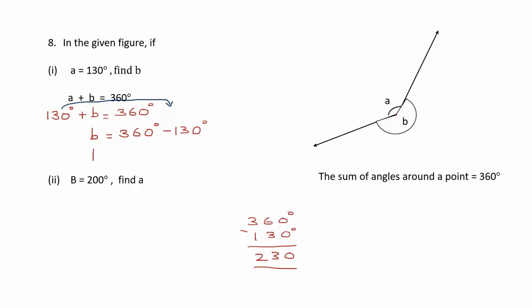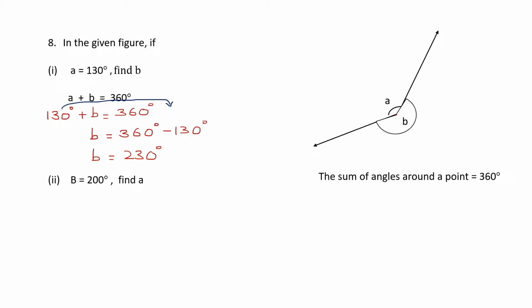So I have found that angle B is equal to 230 degrees. This is the first part of the question where they told us if A is 130, how much will B be equal to? And we found that it will be equal to 230.